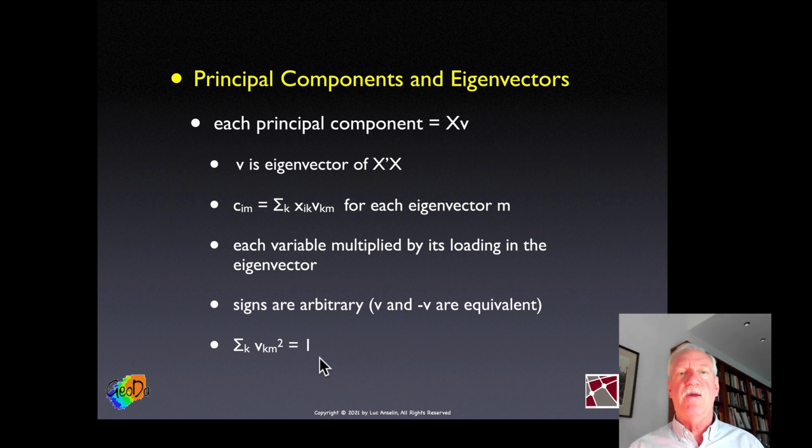So this is something that if you're not aware of this, it can be very perturbing, because depending on the software that you use, a different convention may be used. For example, in the example that I'll be using in a few minutes, the results using a strict eigenvalue decomposition, like say eigen in R, have the opposite sign from a singular value decomposition, which is the one we use as the default in GeoDa.